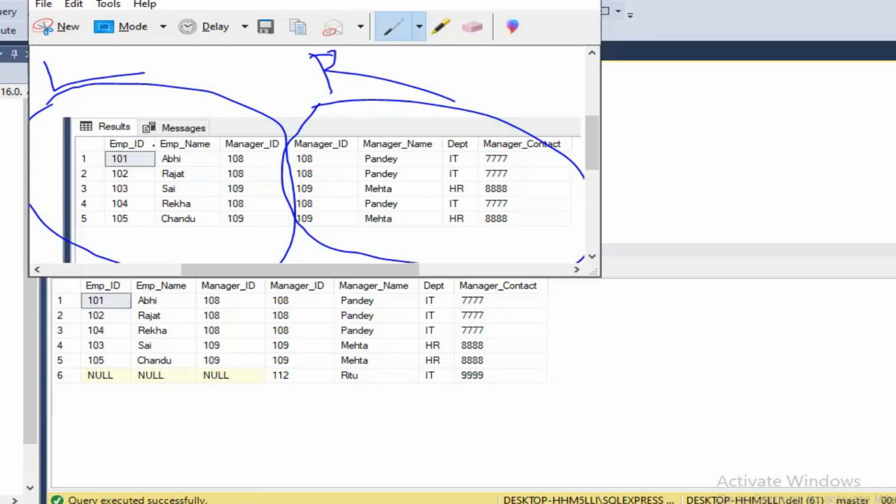The left side has similar data like inner join, up to 5 everything is the same, but the right side now has one more record. Because this record doesn't have anything related in the left side table, those rows on the left side come as null, because there is nothing related to 110. So concept clear for left and right?